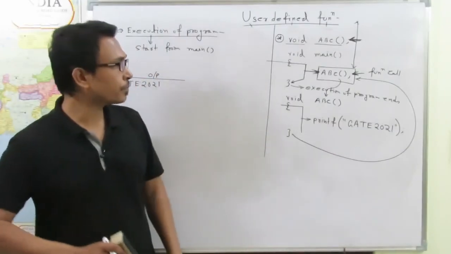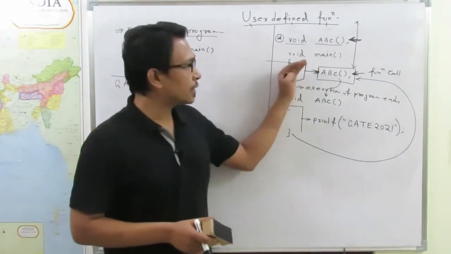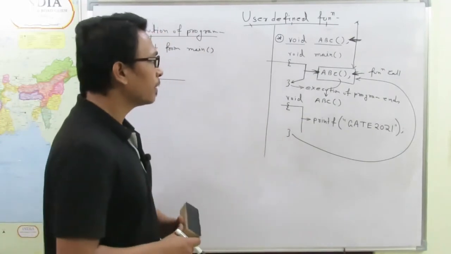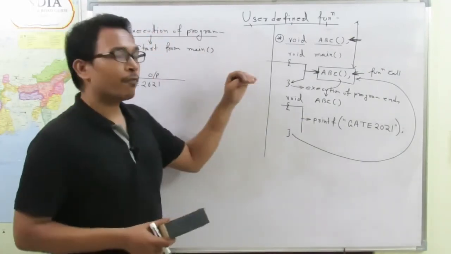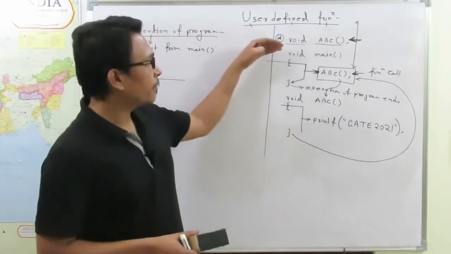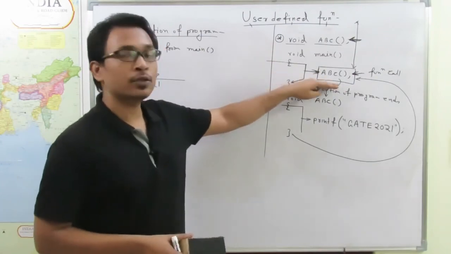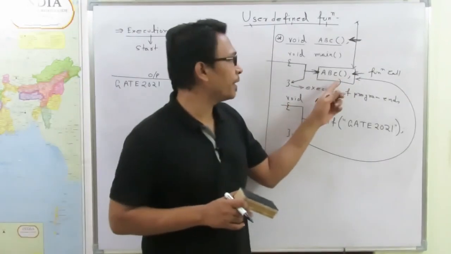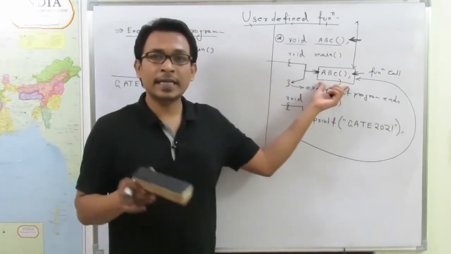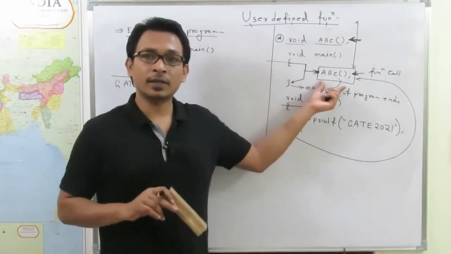Clear? So again we will discuss the sequence of the execution of a user defined function. Look, system starts execution of the program from main function, that is the entry point function. So here the entry point function is main, so system starts execution from here and first encounters the function abc, and whenever it gets any instruction, it will check what it is, because it is not defined inside the library.